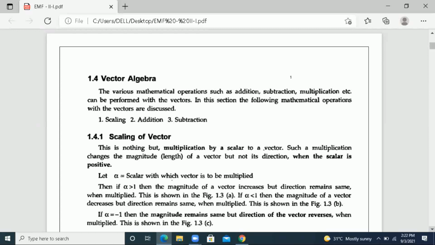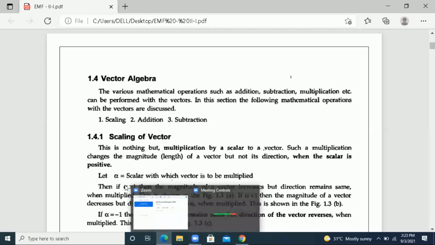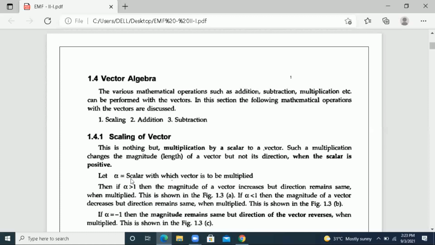Now, let alpha equal a scalar with which a vector is multiplied. Let alpha be greater than 1. Then the magnitude of the vector increases, but direction remains the same.